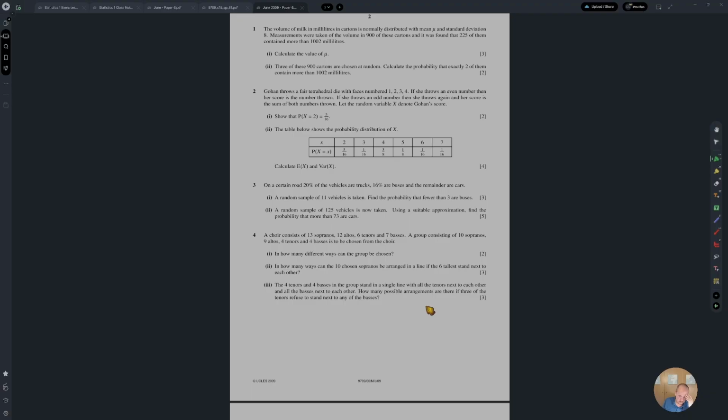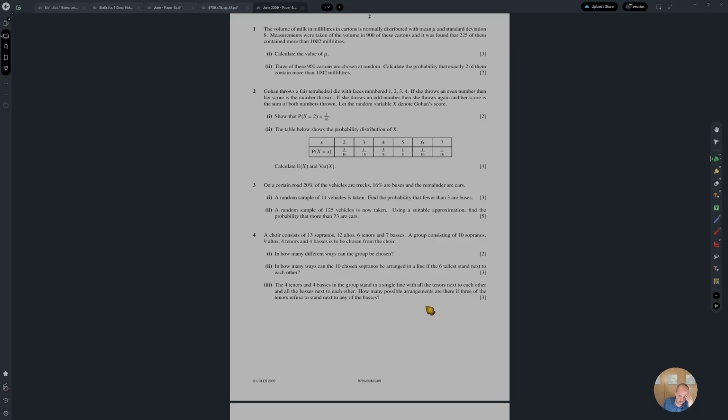So this leaves one tenor to be the one in between them, right? So you have basically two groups with one individual, which is a tenor, standing in the way of these two groups. Make sense? Again, this can be thought of as a word question in which you have 8 total letters, in which you want one group of 4 to be together, and one group of 3 to be together, and one letter, sorry, to be standing in the way of these two groups.